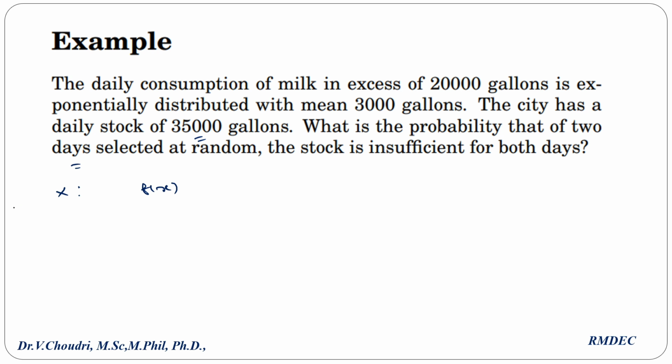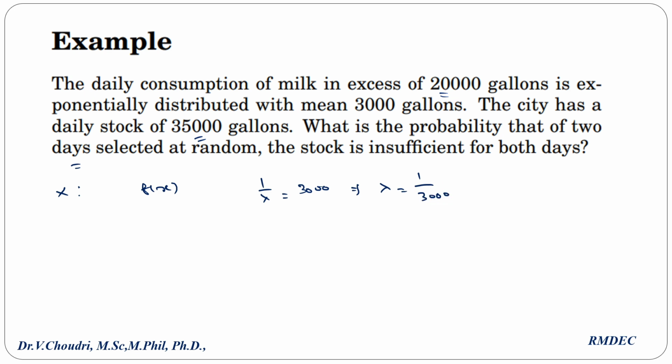The excess of 2000 gallons is exponentially distributed with mean 3000, so 1 by lambda equal to 3000 and lambda equal to 1 by 3000.